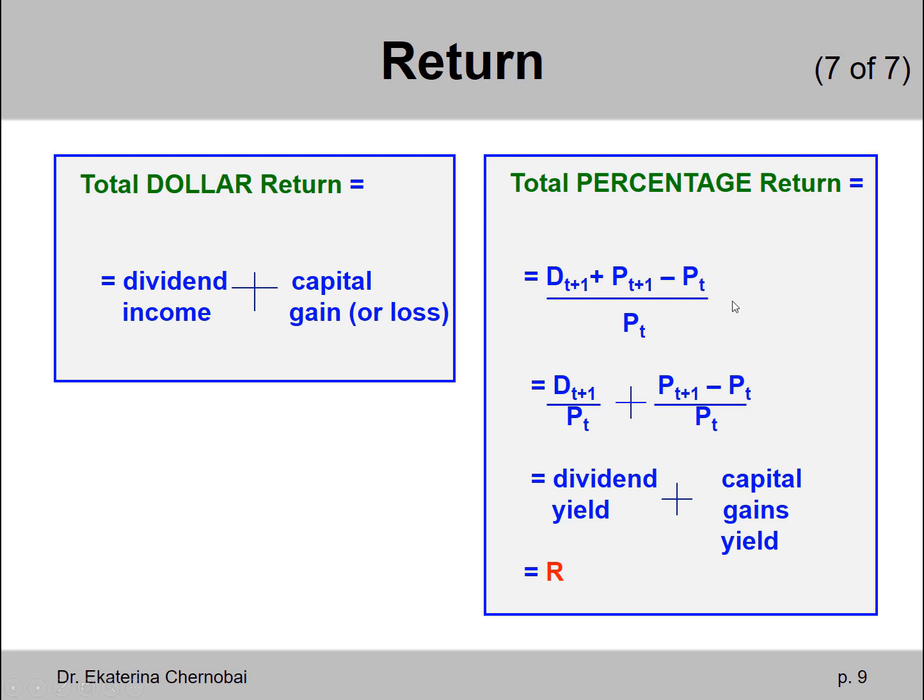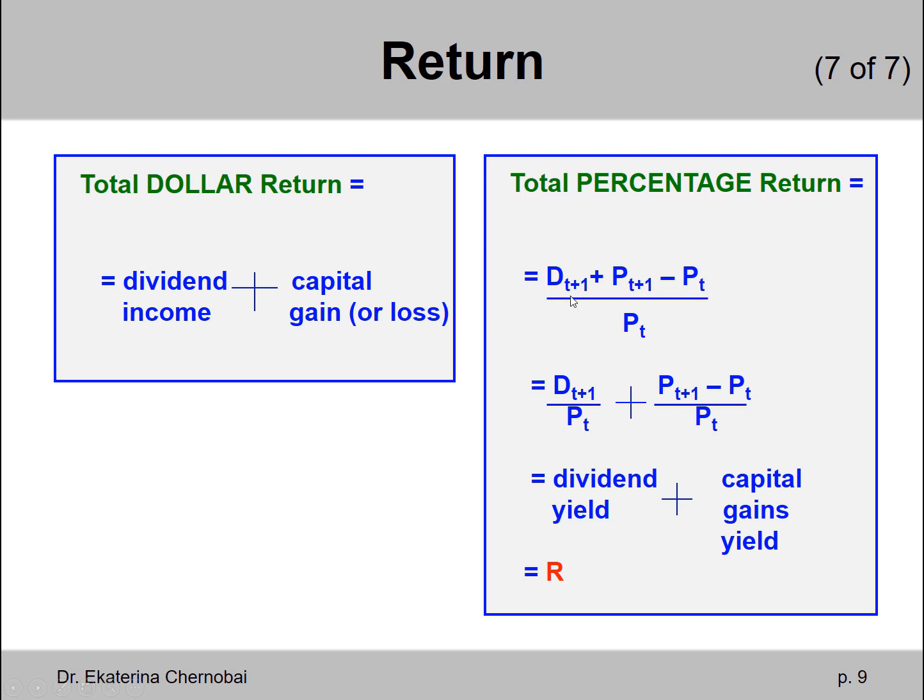The one fraction I'm talking about is the original method of calculating the total percentage return, where you take everything you receive over 1 year, which is the dividend in year t plus 1 and the new price per share, price t plus 1, and you subtract what you paid at the beginning of the year, which is price subscript t.